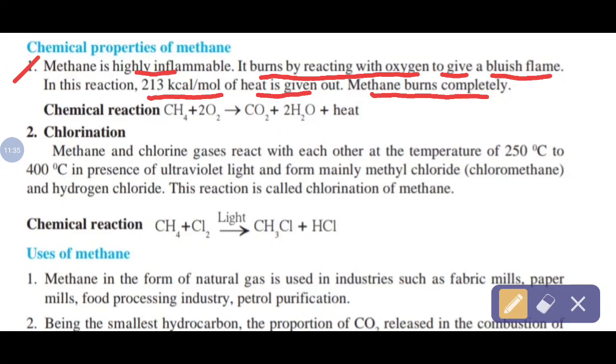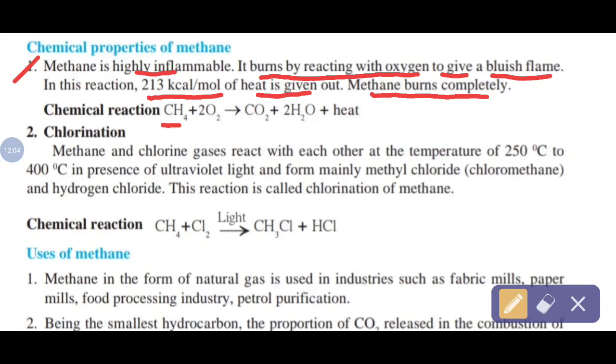So what is the chemical reaction? Methane is burned in air, methane reacts with oxygen. Don't directly write the chemical reaction that is given in the textbook. First of all, write down the word equation: methane plus oxygen, then an arrow, to form CO2, carbon dioxide, plus water plus heat.